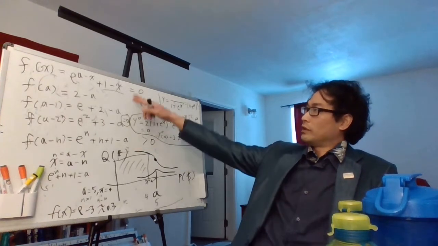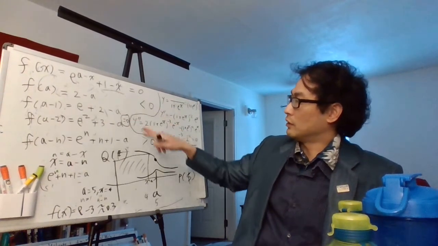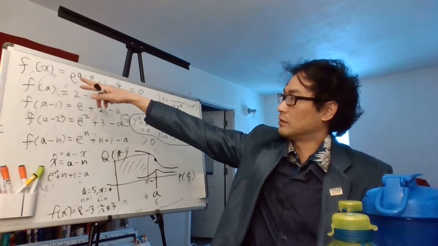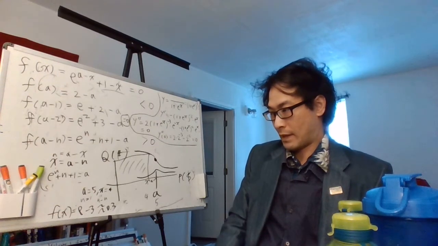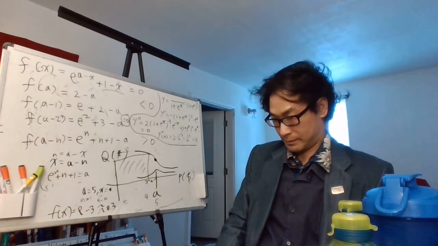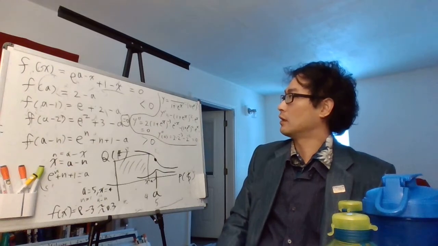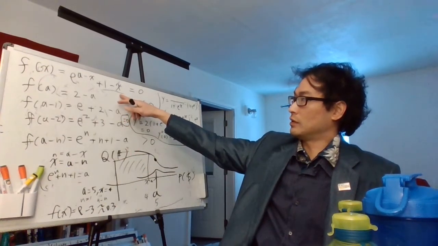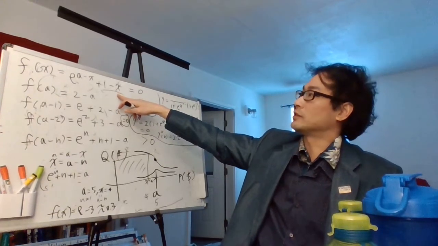So when this is zero, okay, x is the solution for this maximization problem, because f(x) represents the derivative of the revenue function, and this function is the derivative of the revenue function.